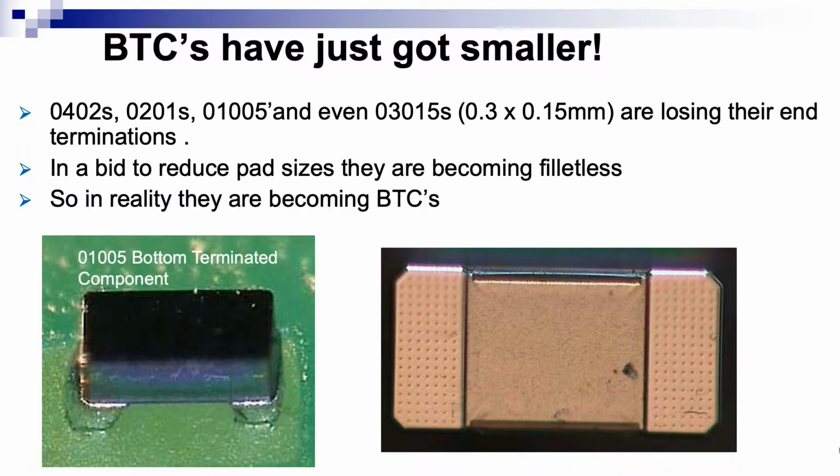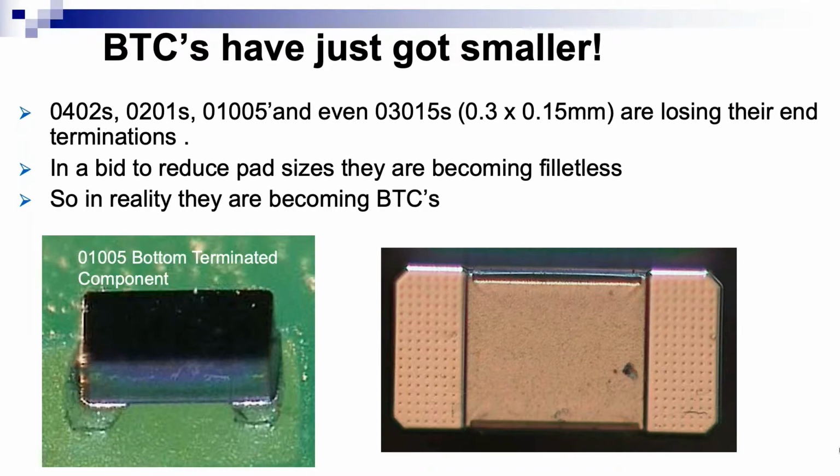So I kind of looked at it as you do the first time you see something new, and spoke to the guys, and then looked very closely, and there was no end termination on the component. It effectively was, as you can see from the picture on the right, a bottom terminated component.